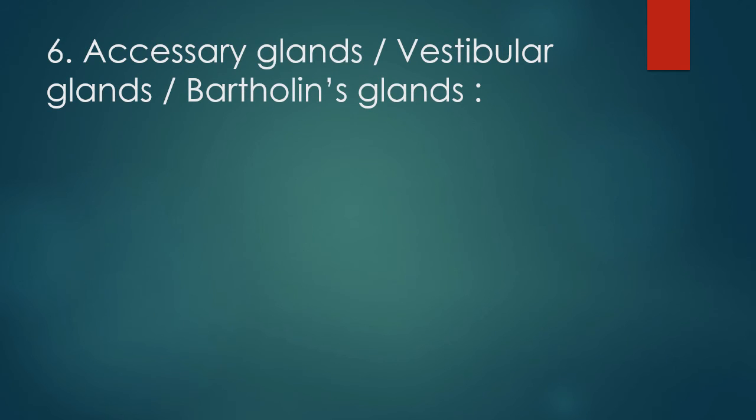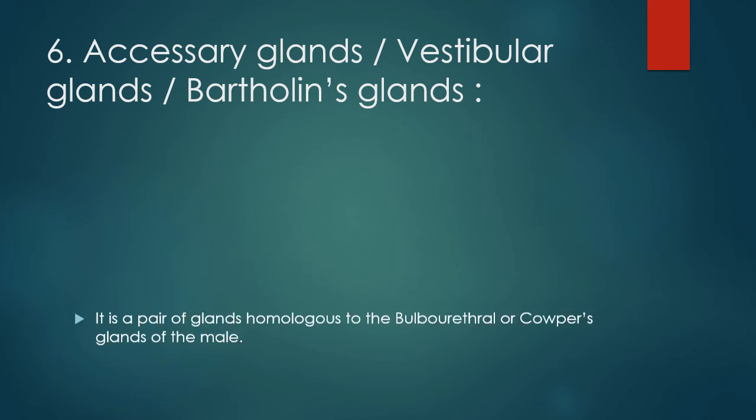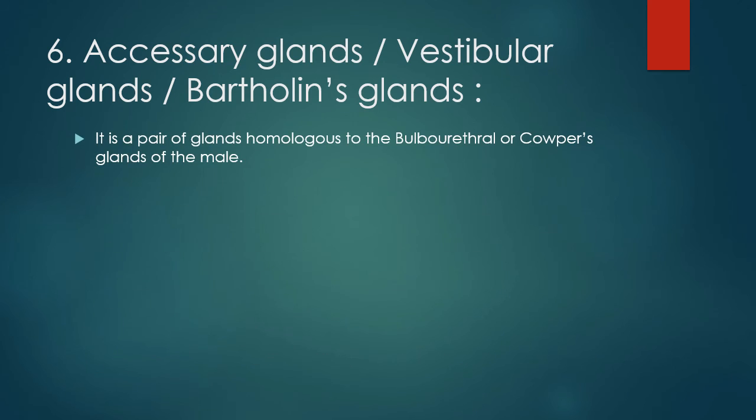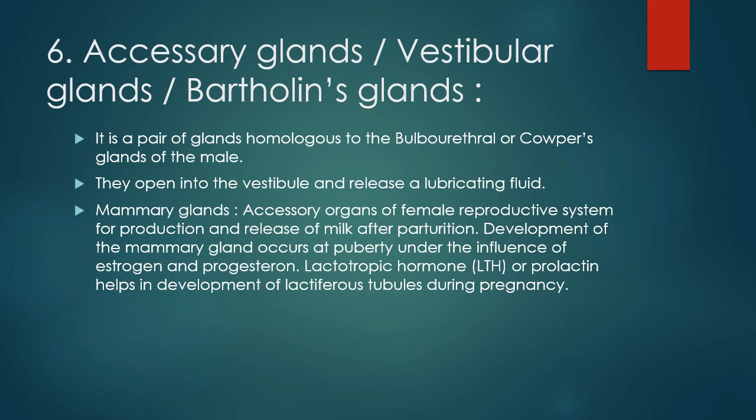Sixth, accessory glands or vestibular glands, or Bartholin's glands. It is a pair of glands homologous to the bulbourethral or Cowper's glands of the male. They open into the vestibule and release a lubricating fluid.